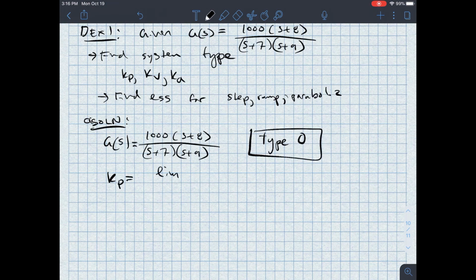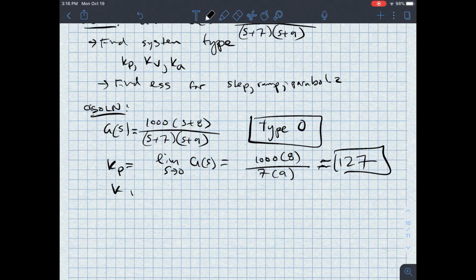Kp is equal to the limit as s approaches 0 of G of s, which is just equal to 1,000 times 8 over 7 times 9, which when I calculate that out is roughly 127. Then I can find Kv. Kv is the limit as s approaches 0 of s G of s, and this is equal to 0 because there's no s's to cancel that. Same thing with Ka.